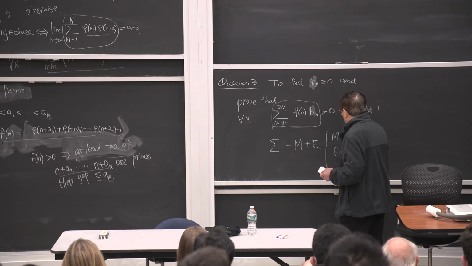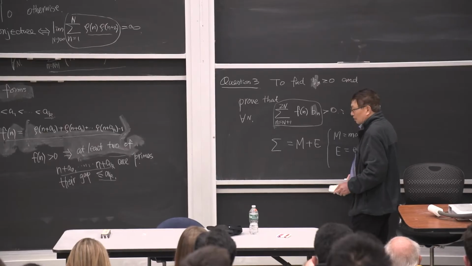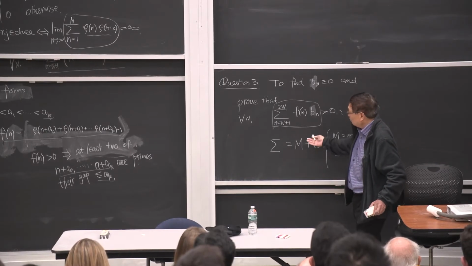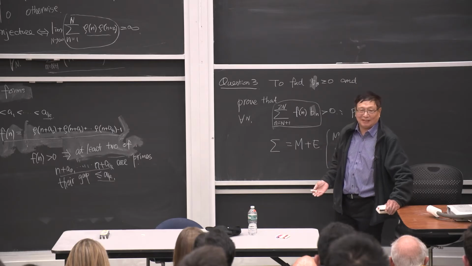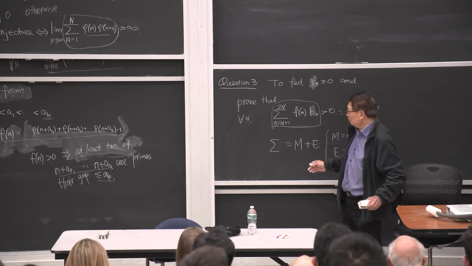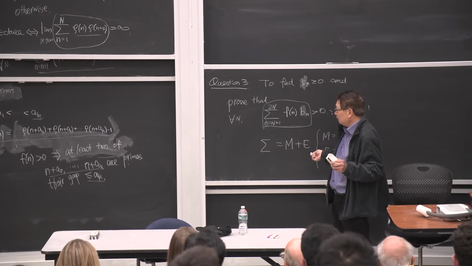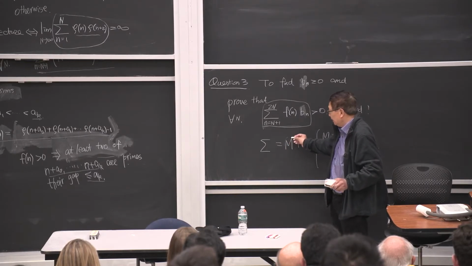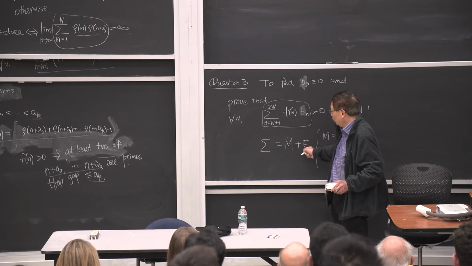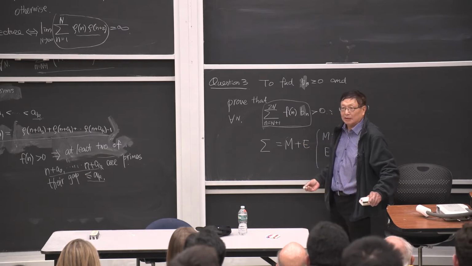Capital E is the error. Why do we have this? Because usually the arithmetic functions are so complicated. Except for some few situations, we are unable to give the explicit answer. Always we need the error term.